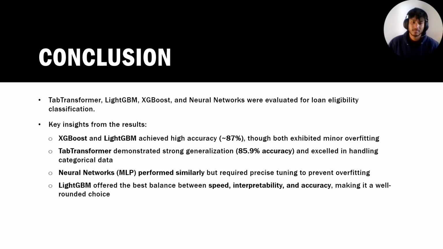Neural networks can perform better, given that we do more hyperparameter tuning to prevent overfitting. But all in all, LightGBM offered the best balance between speed and interpretability, making it a well-rounded choice, and it respected the trade-offs.